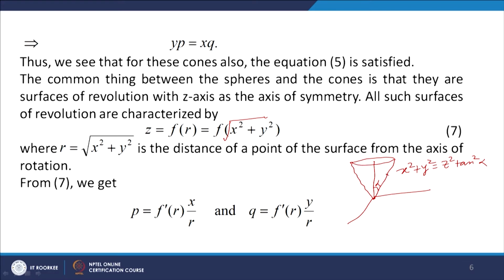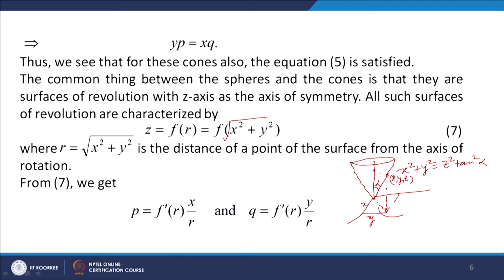So, if you take any point on the surface of the cone, then its distance from the z axis, you can consider the orthogonal projection. If this point is (x, y, z), then this is your x and this one is y.